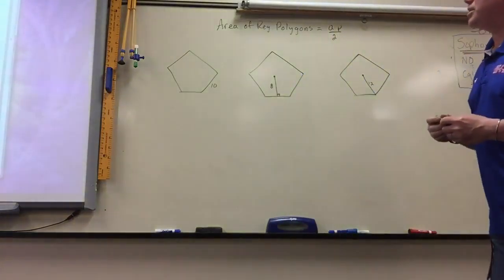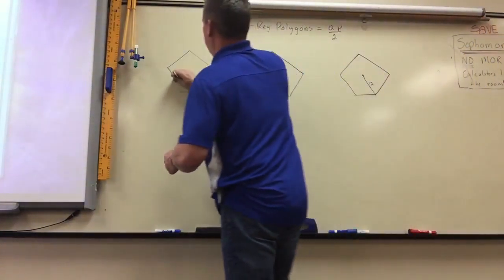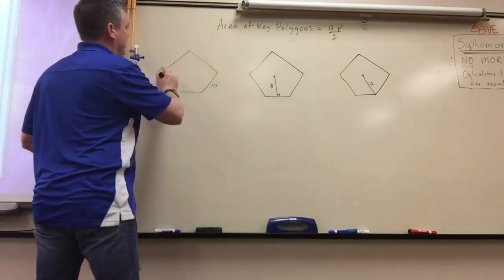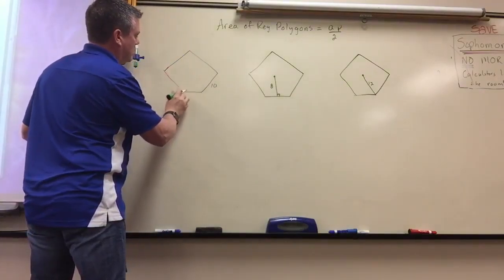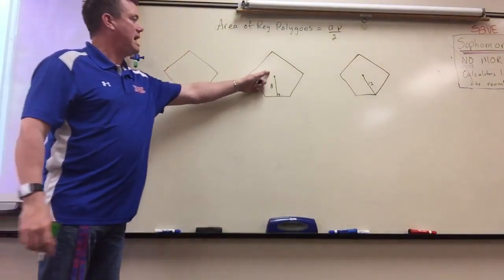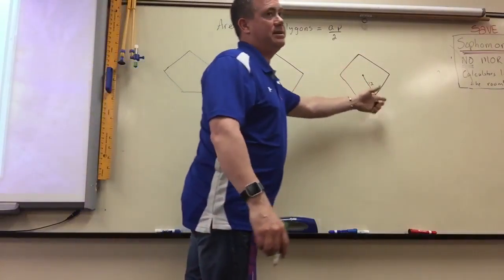So once again, you're either going to be given the length of a side, or you're going to be given the apothem, or you're going to be given a radius.